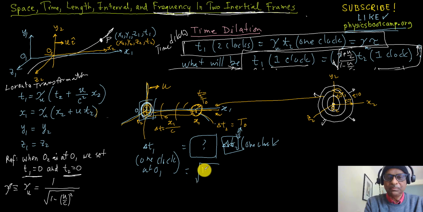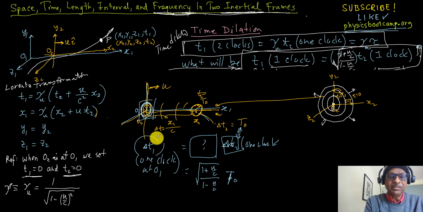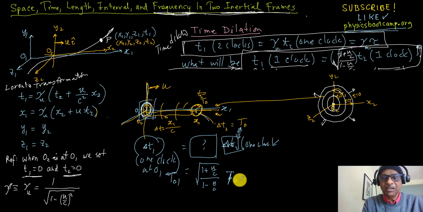So that will be the relationship, a one clock to one clock comparison, and that's going to be the square root of (1 plus u over c) over (1 minus u over c) times t0, and so this will be the time period in clock 1. This was the time period in clock 2, in frame 2, which is the rest frame, so we're just going to call it t0.